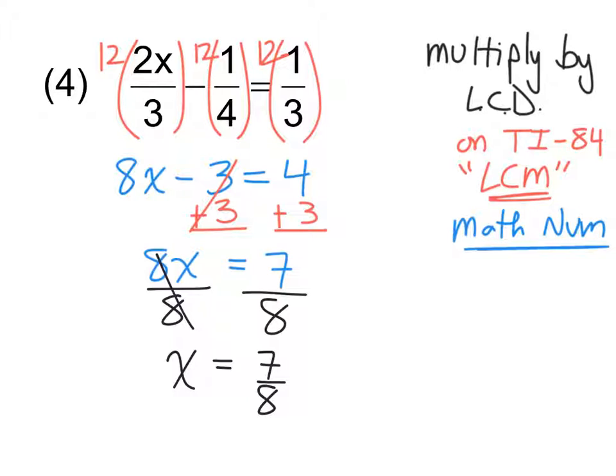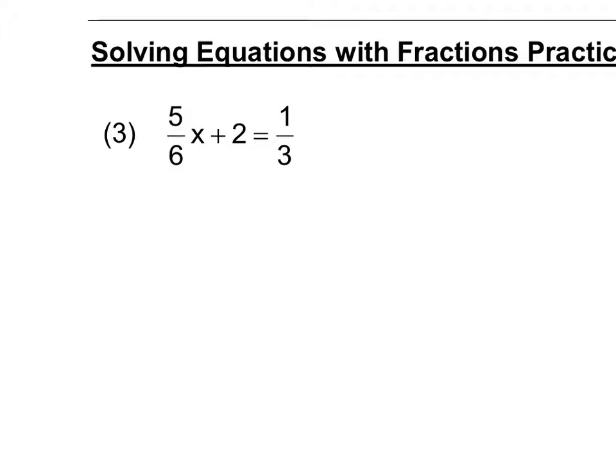So we have 2x over 3 minus 1/4 equals 1/3. This needs to get into the graphing calculator somehow. Since we haven't really learned about graphing too much, I'm not going to take that approach. I'll use something else. So I want to clear out my denominators. What should I multiply each part of this equation by? 6.